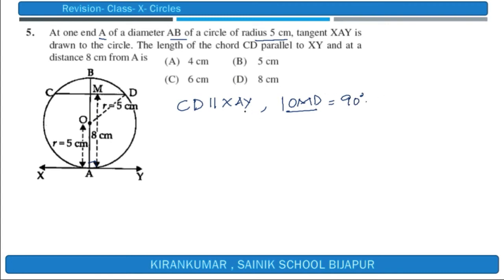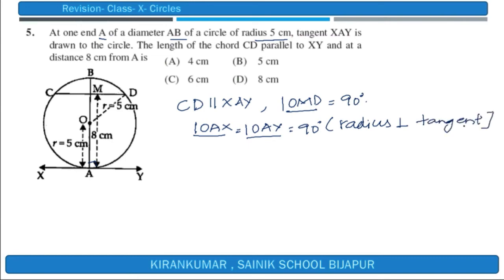The reason is angle OAX, which is equal to angle OAY, this will be equal to 90 degrees since radius is perpendicular to tangent. Since the interior angles towards the same side are supplementary, angle OMD has become equal to 90 degrees.